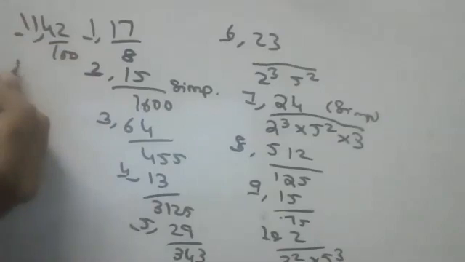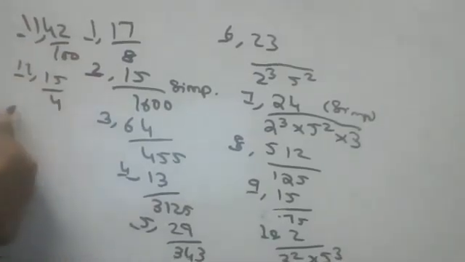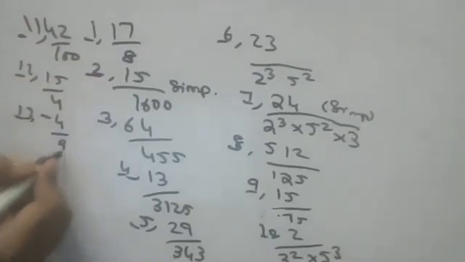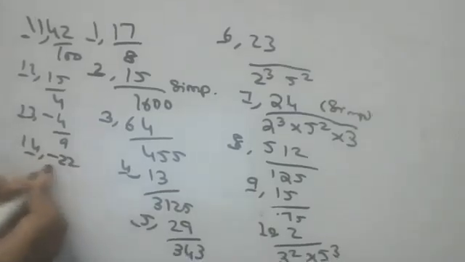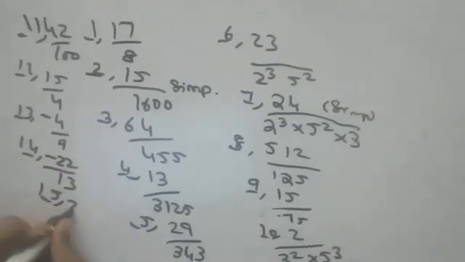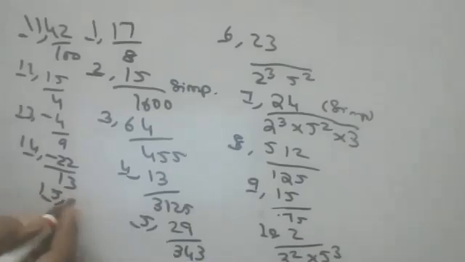42 by 100, 15 by 4, minus 4 by 9, minus 22 by 13, 33 by 26.